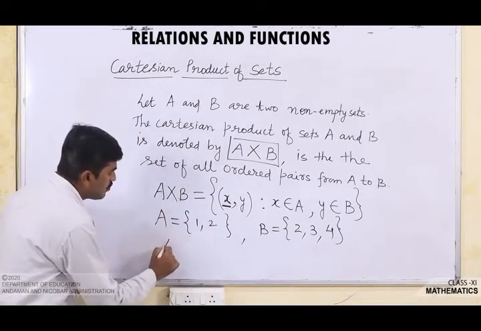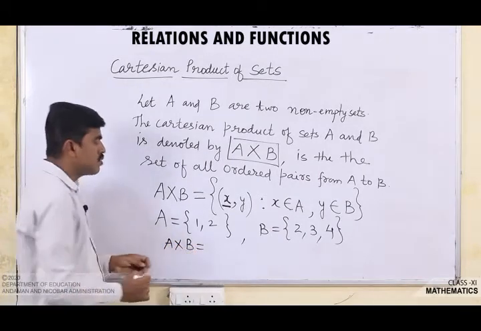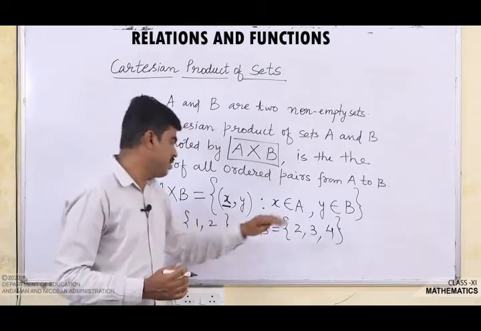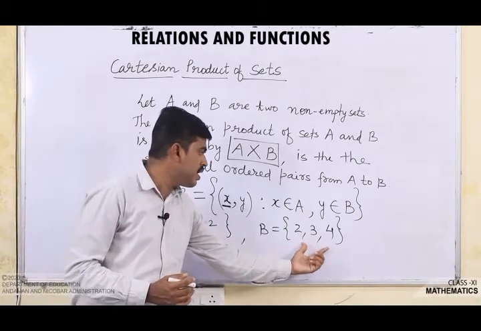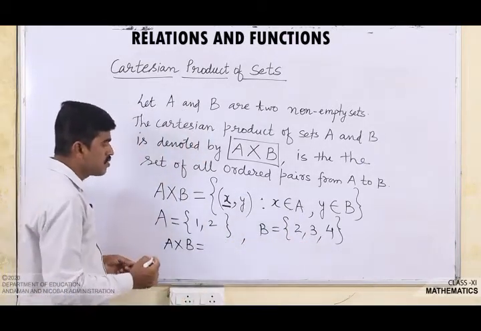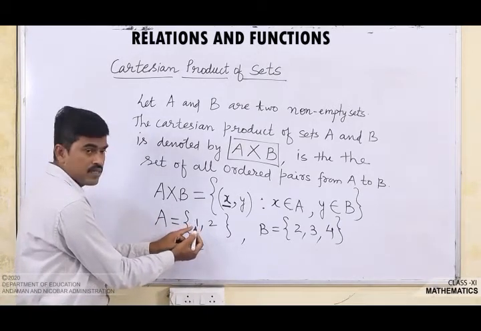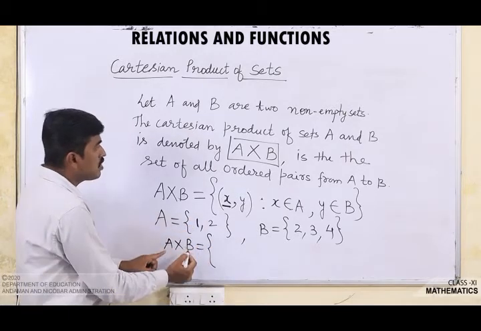It is denoted A cross B, which means we have to make ordered pairs from A to B. How many elements are there in A? 2 elements. How many in B? 3 elements. So how will you make ordered pairs? Take the first element from the first set. So I am going to take 1 now. And it is also a set.